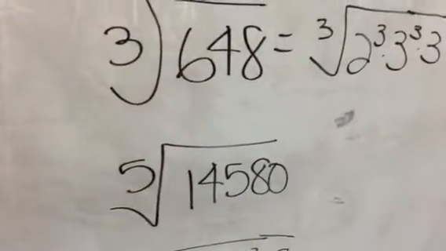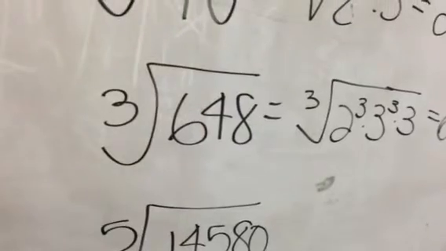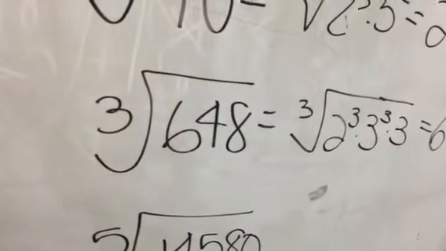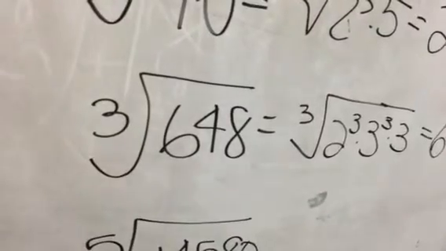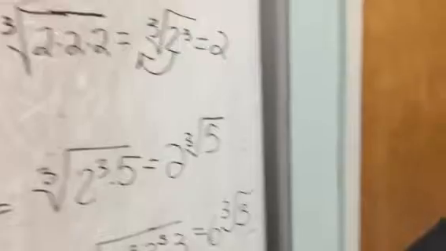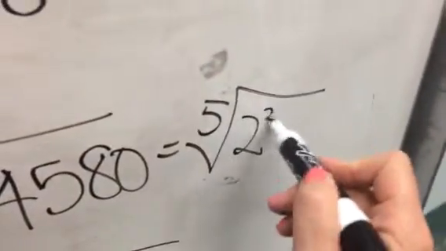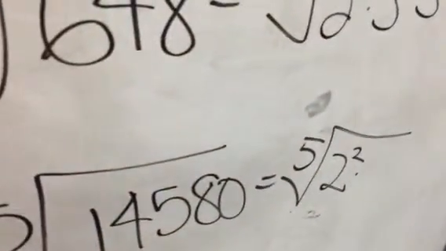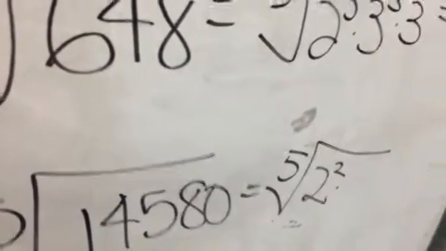The next one is the 5th root of 14,580, and I'm just going to tell you what it pops down to. There are 2 2's, and then 6 3's.